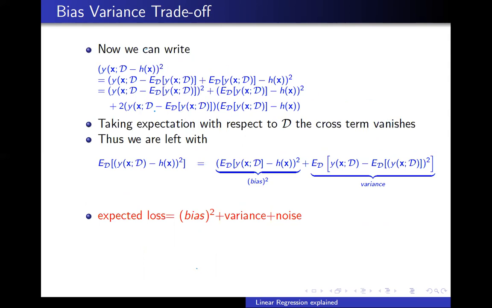But typically you cannot minimize both at the same time. They have an interdependence, in the sense that if you try to minimize the bias, then the variance increases. If you try to decrease the variance, the bias increases, etc. So think about how that is going to happen in the linear regression case. Remember, you have this generalized model where you have the flexibility of choosing different basis functions.